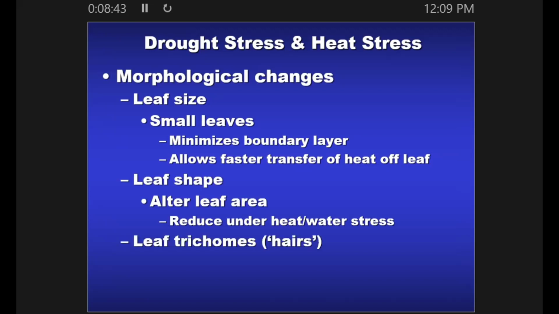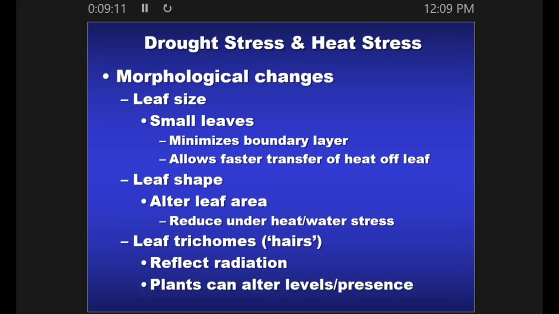Another strategy is that the leaves that will get produced under prolonged heat, even if the plant normally doesn't have a lot of trichomes, they can switch into trichome production. They have seen that experimentally where you can have the leaves ramp up their trichomes. And the reason they're doing that is that it bounces the sunlight energy around better so that they're not getting heated up as much.